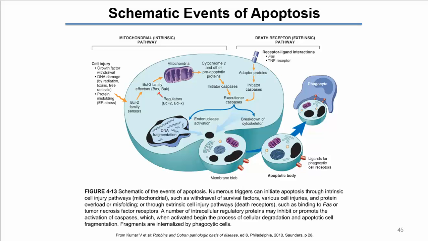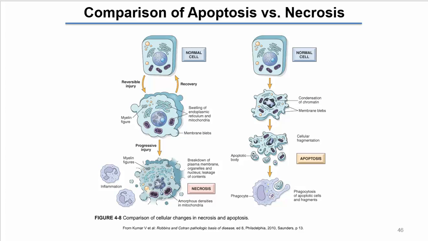A very common test question is to compare and contrast apoptosis to necrosis. You have a normal cell, it gets injured. If it can recover, it recovers and it's back to a normal cell. If it reaches the tipping point, the injury gets progressive and it can't recover, then the cell membrane starts to break down.